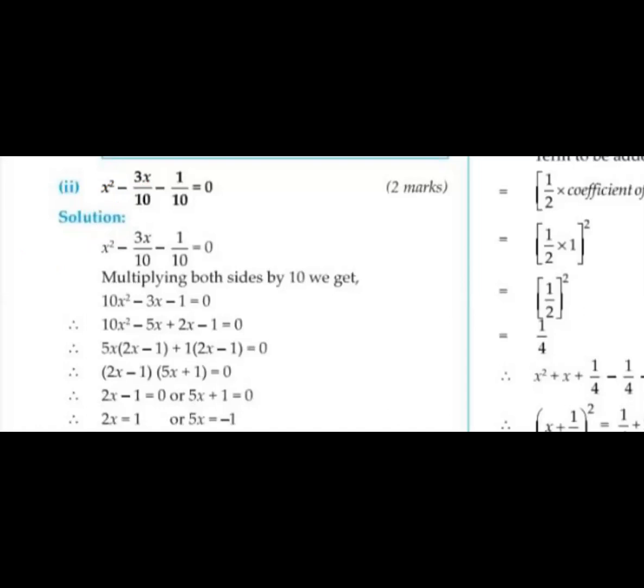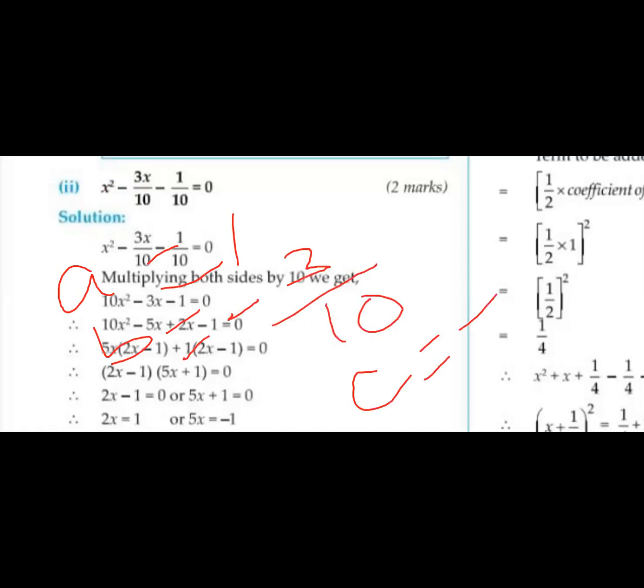See, first I am telling you, this is a complete quadratic equation, no doubt. A equals to 1, B equals to minus 3 upon 10, and C equals to minus 1 upon 10. That is clear. But if some denominators are there, we try to remove them.